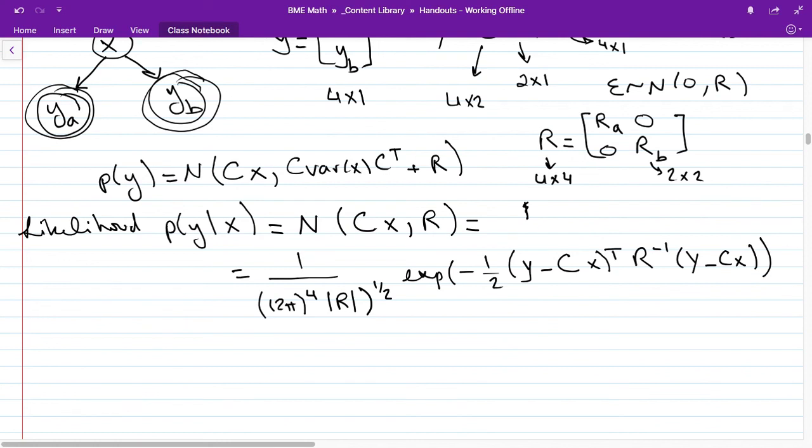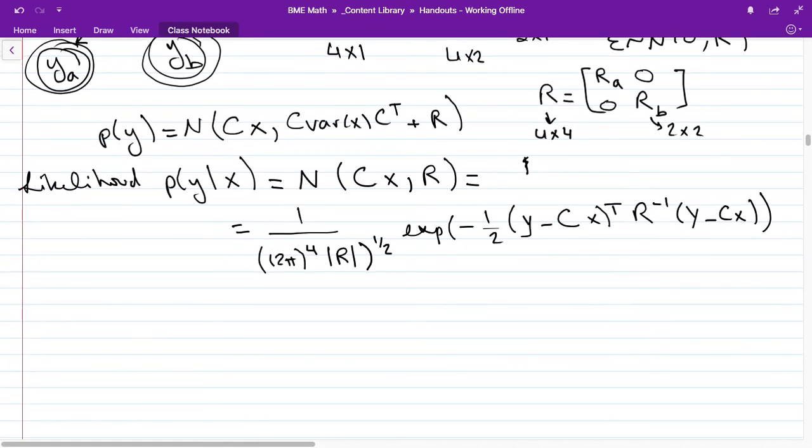So this is the normal distribution. The conditional distribution has a mean Cx, here it is, its mean is Cx, and it has a variance R, which weighs the exponent and goes in the denominator.